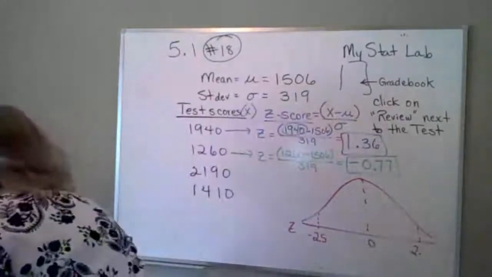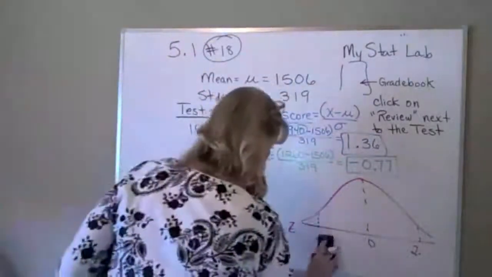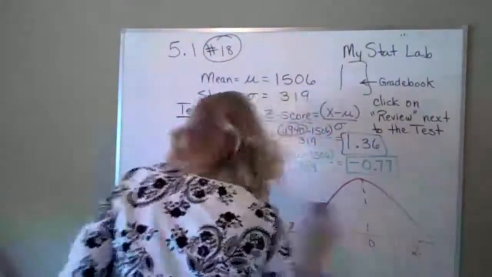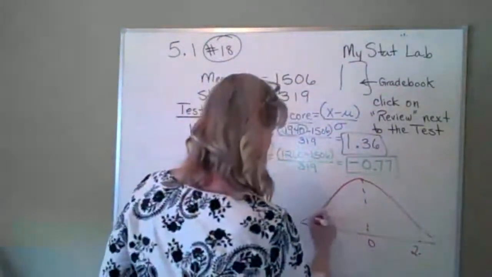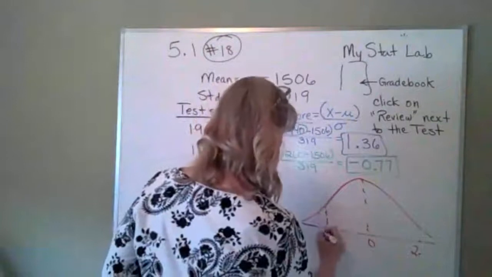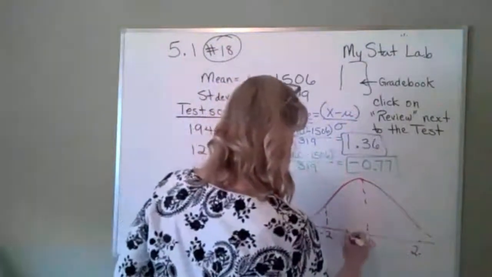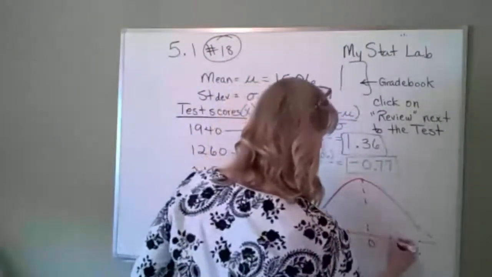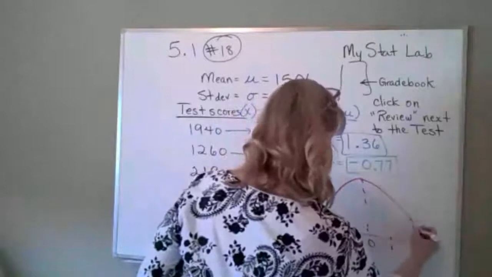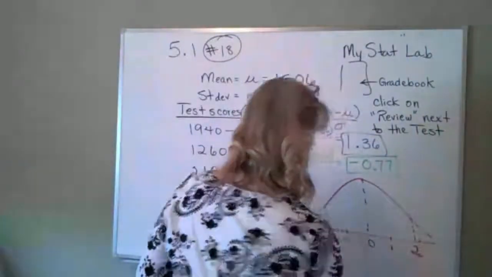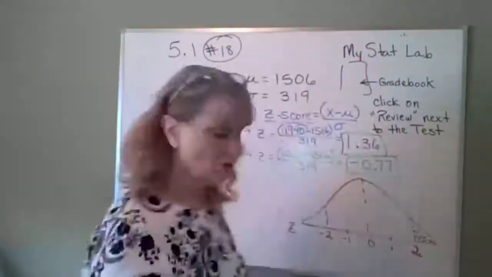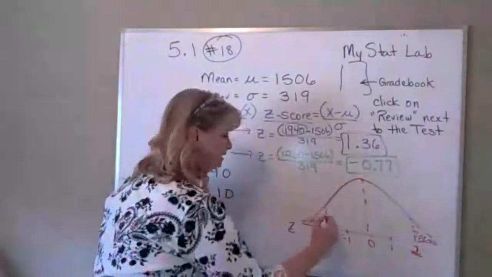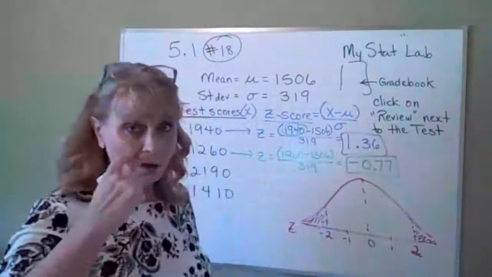Actually, I'm sorry, I did that wrong. And if you remember, 95% by the empirical rule are within 2 standard deviations. So any z-score that's over here bigger than 2 or over here less than negative 2 is considered unusual.